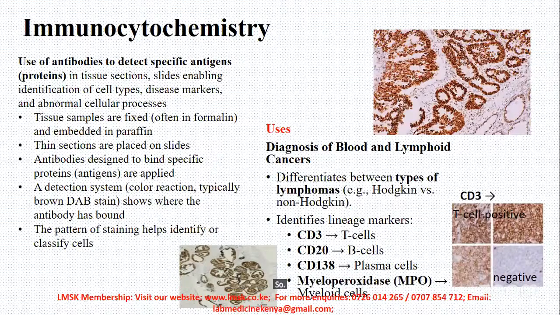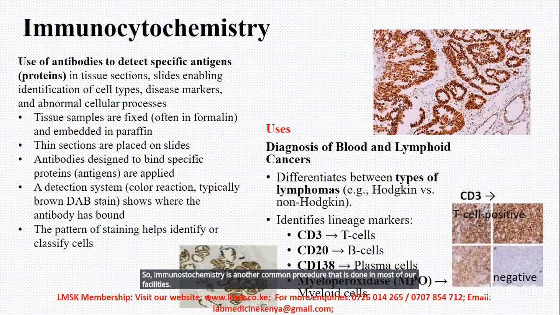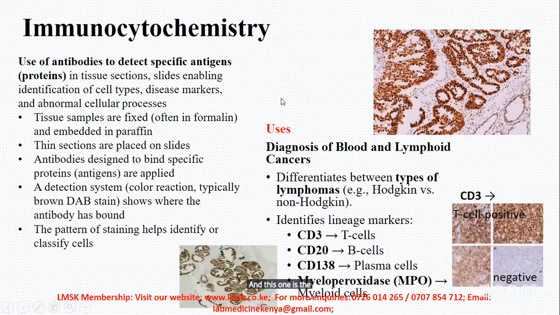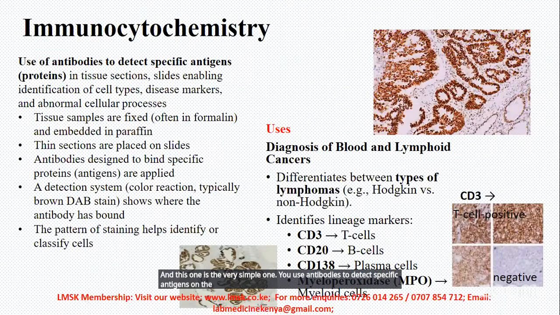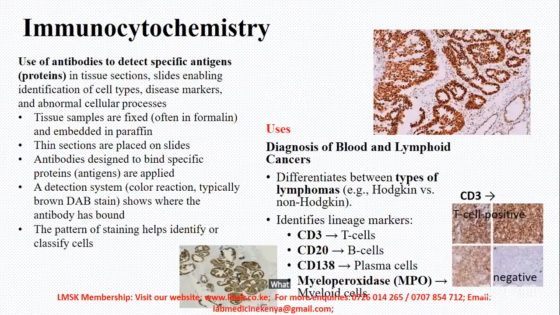So immunohistochemistry is another common procedure that is done in most of our facilities. And this one is very simple. You use antibodies to detect specific antigens on the cell. It can be done using tissue sections embedded on slides.